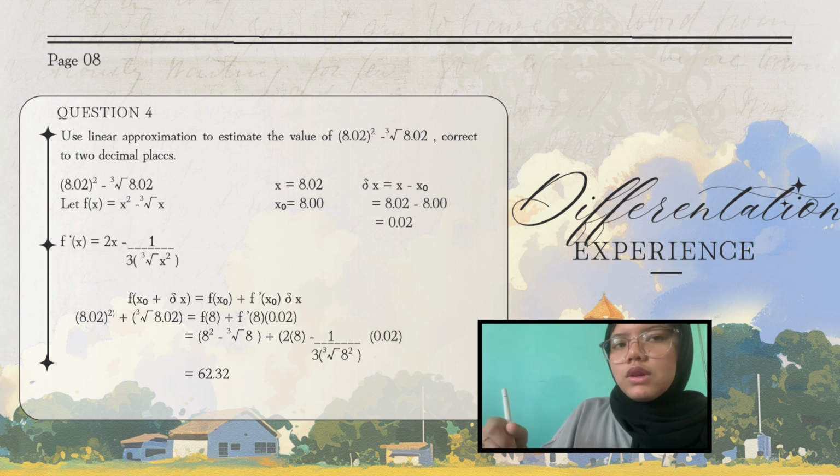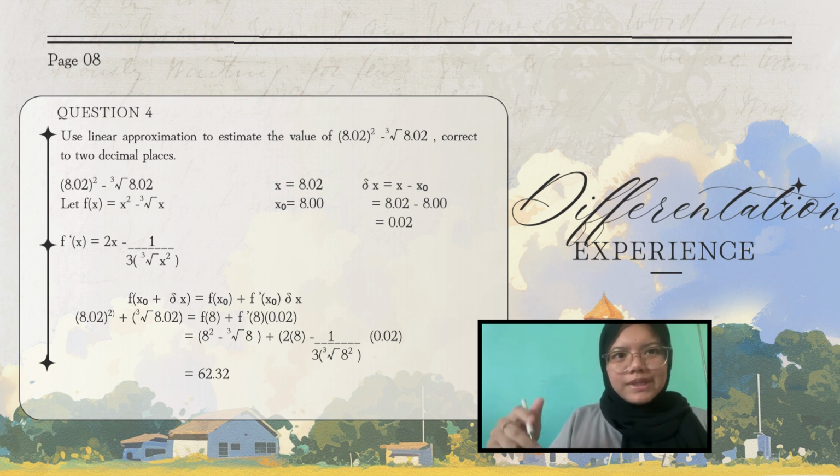So substitute the values into the formula, so it becomes 8 squared minus cube root 8 plus 2 multiplied by 8 minus 1 divided by 3 times 8 to the power of 2 over 3, multiplied by 0.02. So the final answer is equal to 62.32. So that's all from us. Thank you.